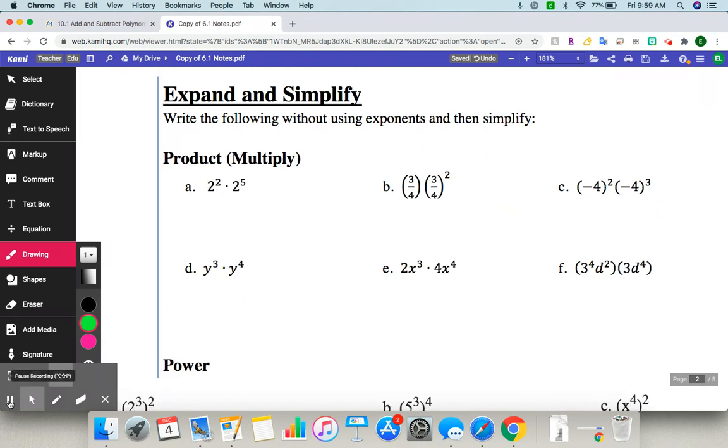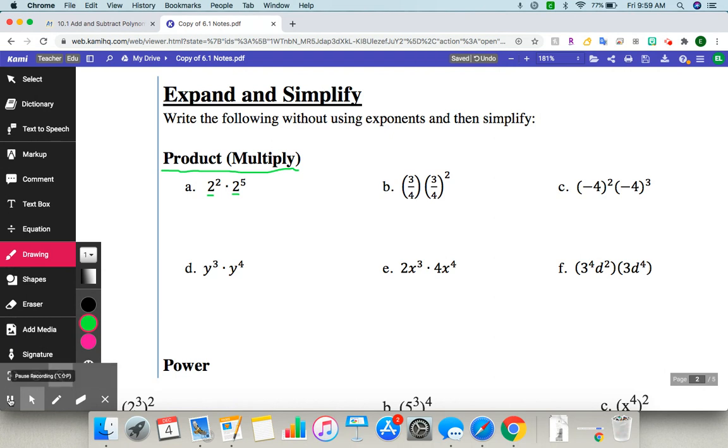On the back, now we're going to look at first expanding an expression and then simplifying. So in this first section, we call this looking for the product, which just means we're multiplying numbers with like bases. So in part A, we have a base of 2 to the second power and a base of 2 to the fifth power.